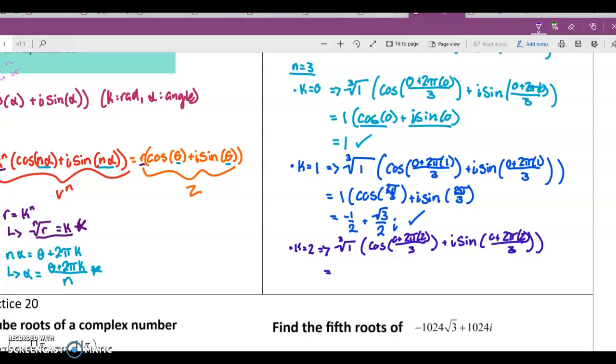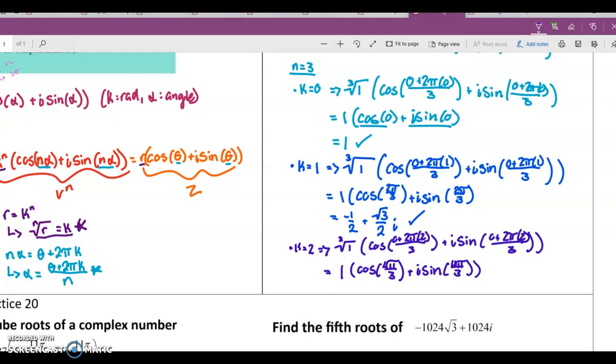Cube root of 1 equals 1. Cosine of 4 pi over 3 plus I sine of 4 pi over 3.